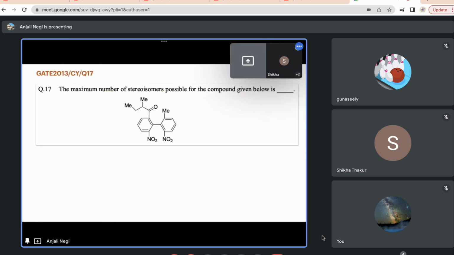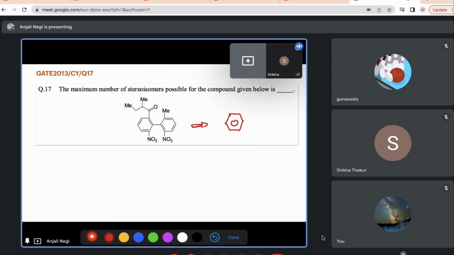Yes, so now this is one. I'm just trying to make it a perpendicular portion. Yeah, so this is NO2.